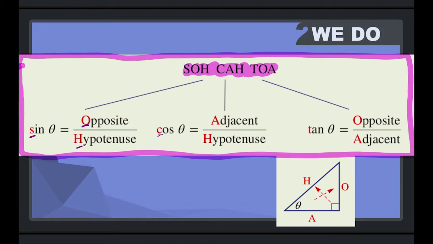CAH tells us that cos is adjacent over hypotenuse. TOA tells us that tan is opposite over adjacent. And these are super important things for us to commit to memory. So I want you to copy down the full thing now into your notes, fully writing out each of these. And then I want you to make a habit of writing this down on every new page.